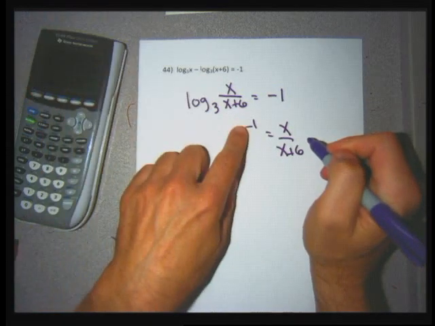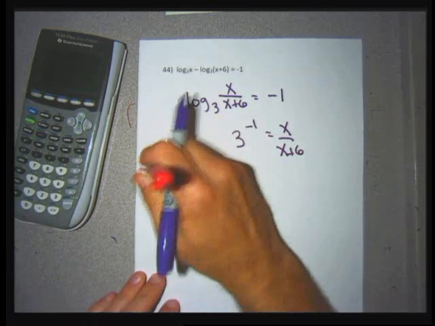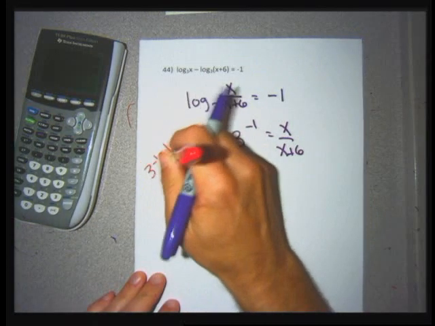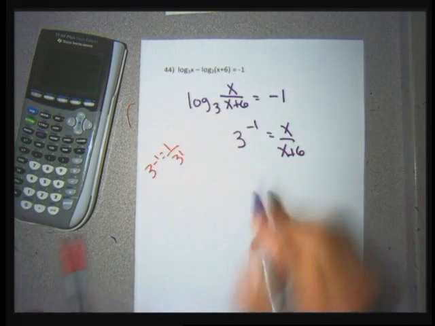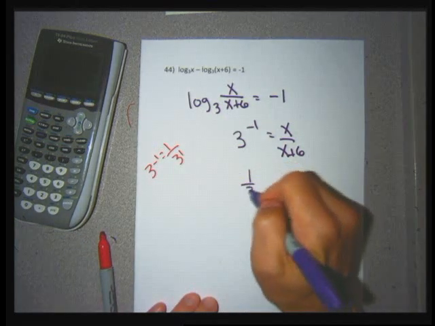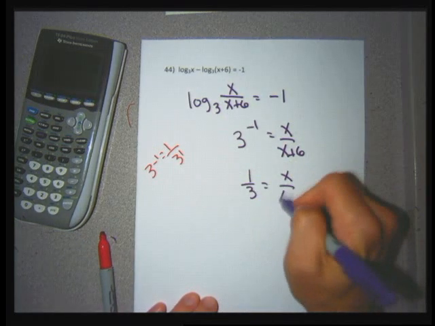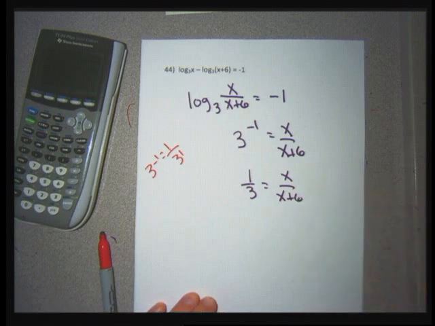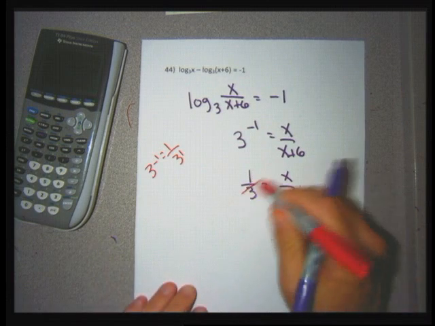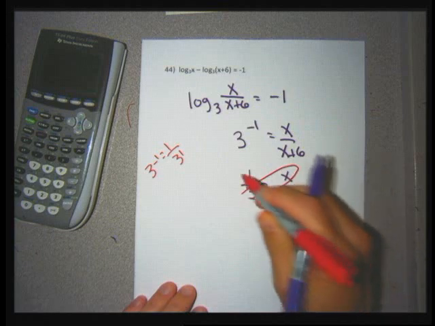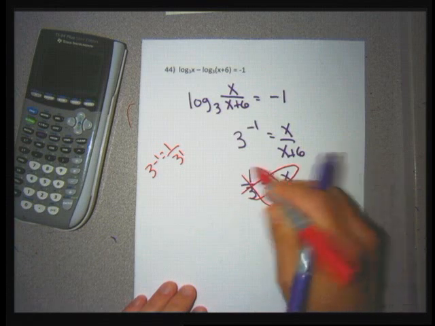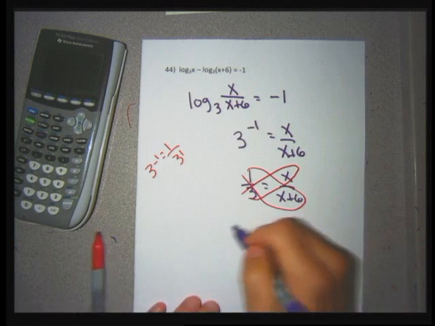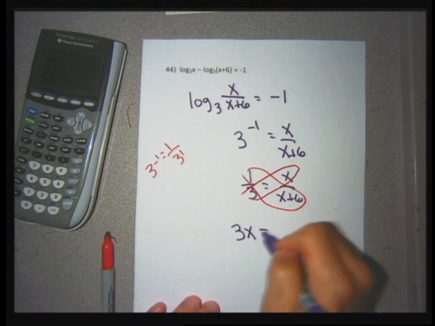I know that 3 to the negative 1 power is 1 over 3 to the positive 1 power, so it's 1/3. So this gives me 1/3 equals x over x plus 6. And that's a classic cross-multiplying problem. I have one fraction equal to another, so I'm going to cross-multiply to solve this. Cross-multiply up, cross-multiply down. Cross-multiplying up, I get 3 times x.